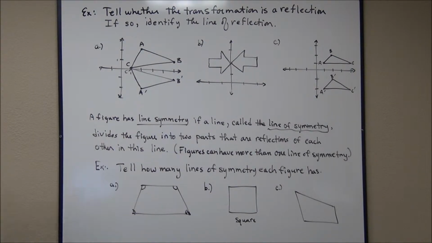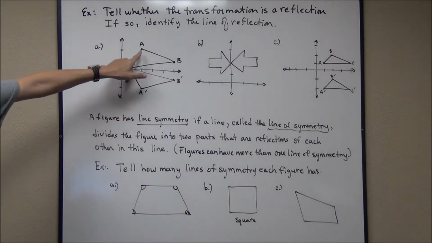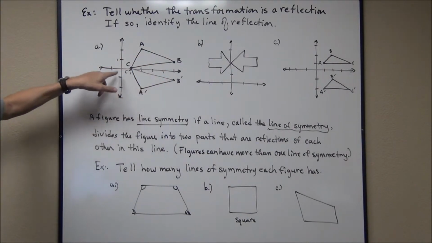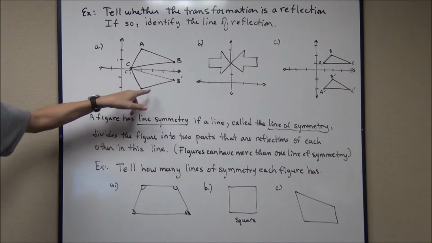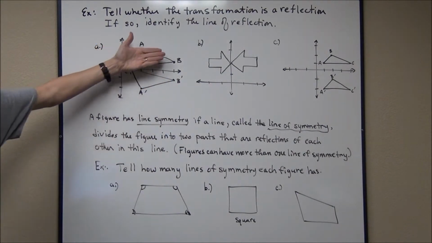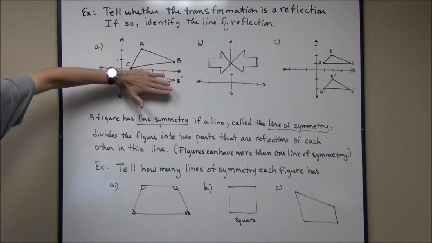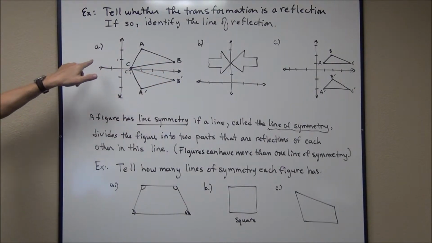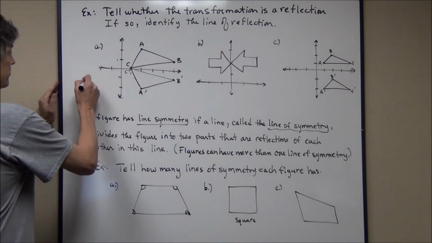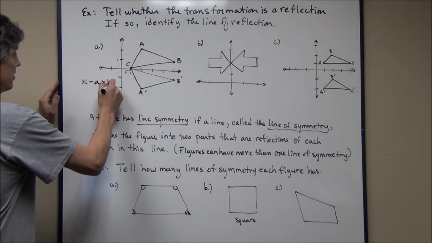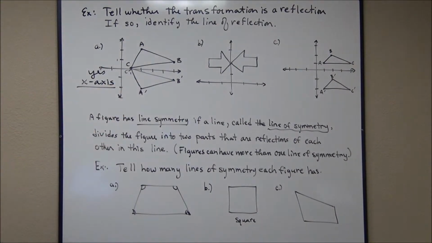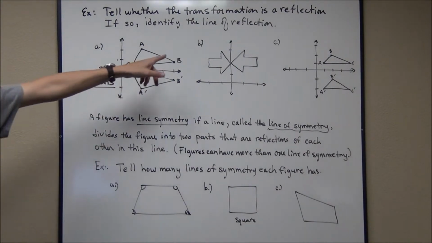Okay? So in this case, I have a diagram. I have my original figure here to be triangle ABC. I have my image to be triangle A prime, B prime, C prime. Do you see how the one was flipped over the x-axis? The x-axis is my line of reflection. So yes, it's a reflection, and the x-axis is my line of reflection. Look at the one here that I have.